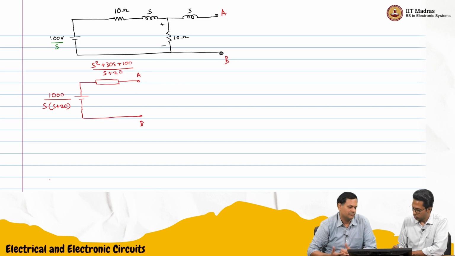So this is the Thevenin equivalent, and we have a 10 ohm load. And the current through this is I2 of S, no?